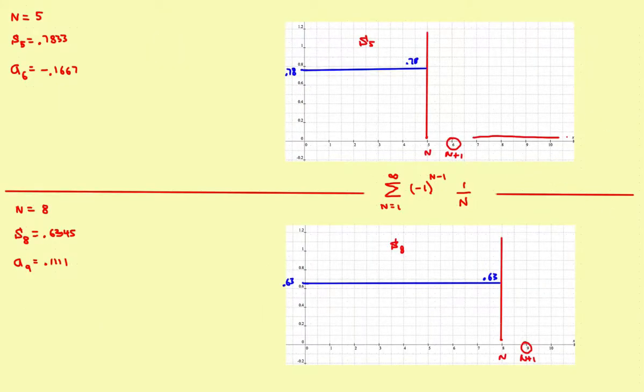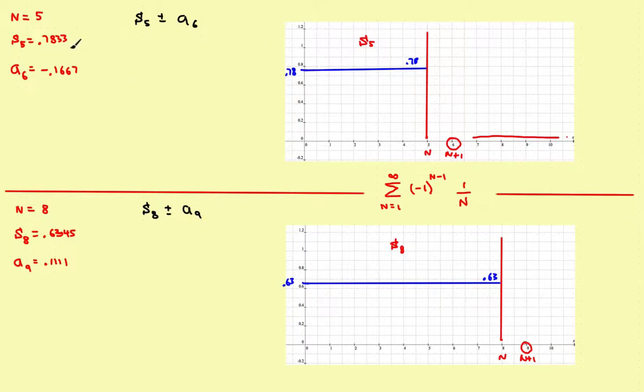We'll go here, and we're going to say that the actual sum has to be the partial sum. So this is going to be s sub 5 plus or minus a sub 6. This one would have to be the partial sum of the first 8 terms plus or minus the 9th term. So it's going to look like that.